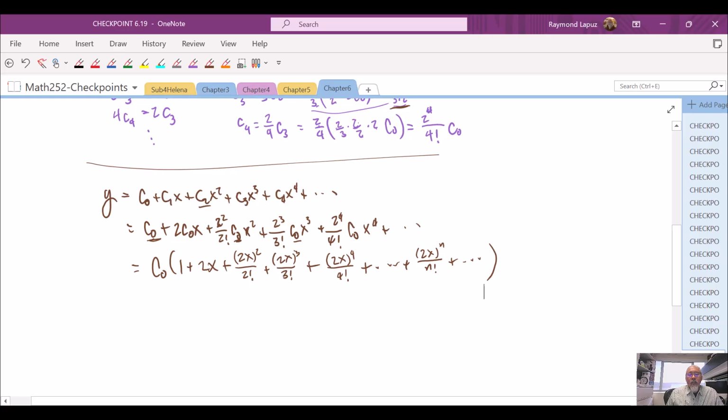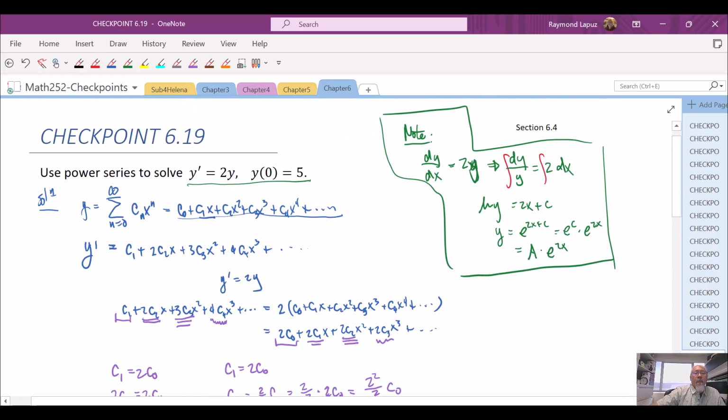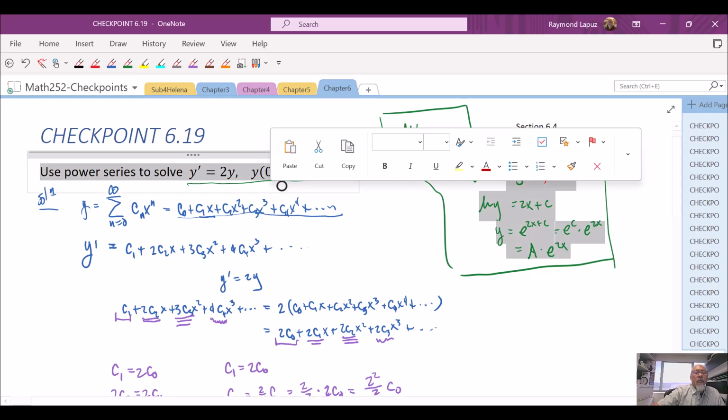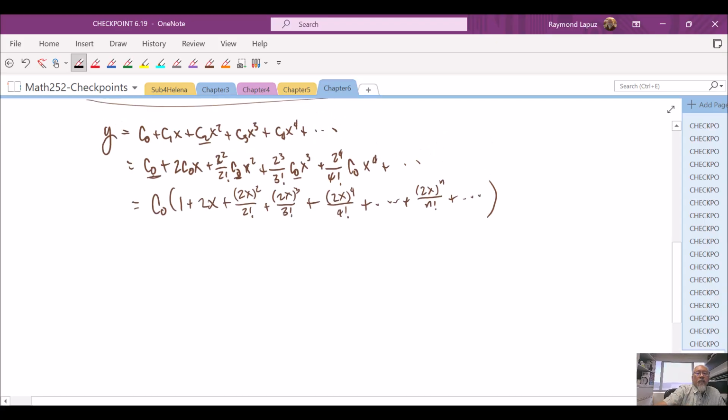Now, if that looks familiar, that is because this is the same thing as e to the x. Oh, let's hold off on that information and carry on with the initial conditions. So the initial conditions tell us that when x is equal to 0, y is equal to 5. So using our initial conditions, y of 0 is equal to 5.